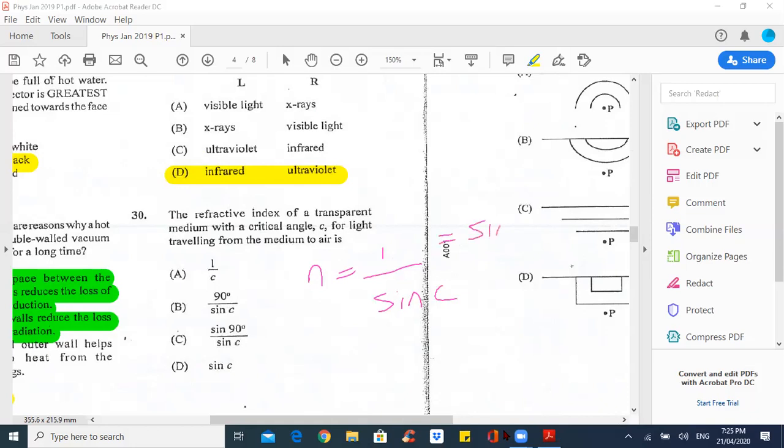This is the same thing as sine 90 over sine C, because the angle of refraction and the angle of incidence sum up to 90, which means that sine 90 over sine C is the same thing as 1 over sine C. Sine 90, if you use it in a calculator, would be 1. So your answer should be C here. Good.